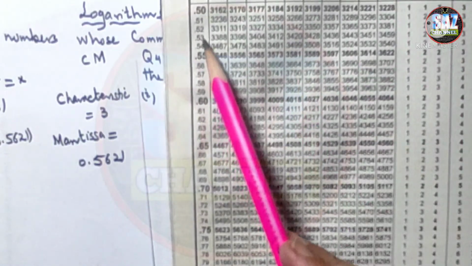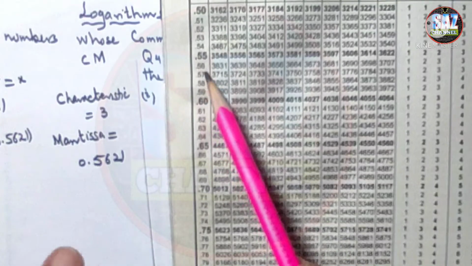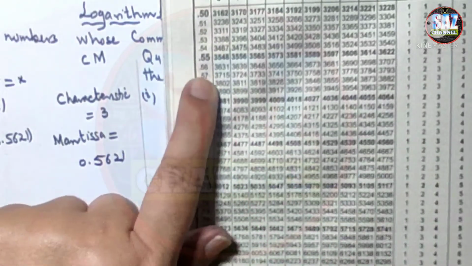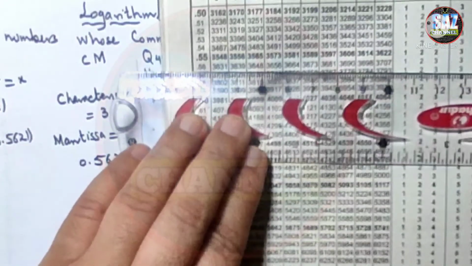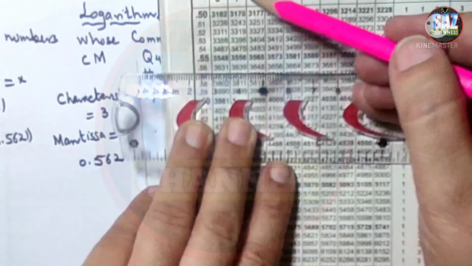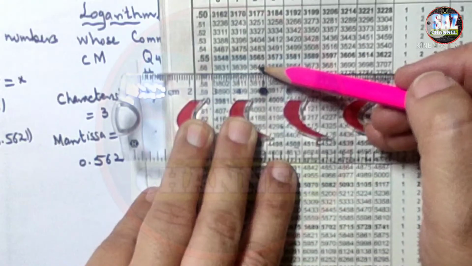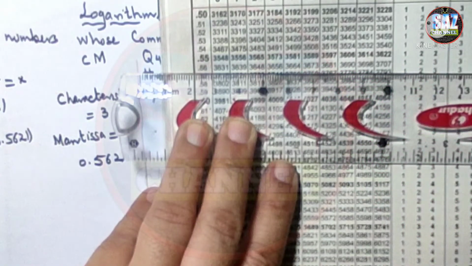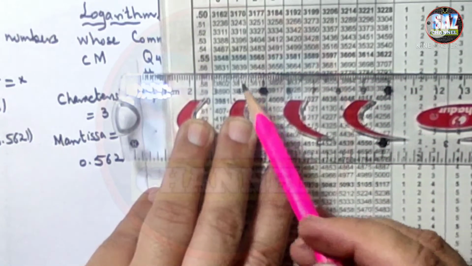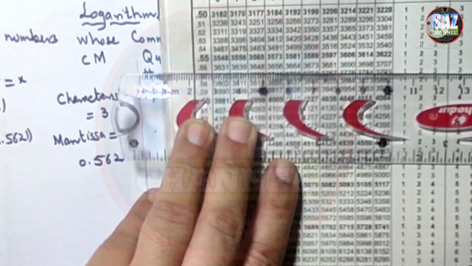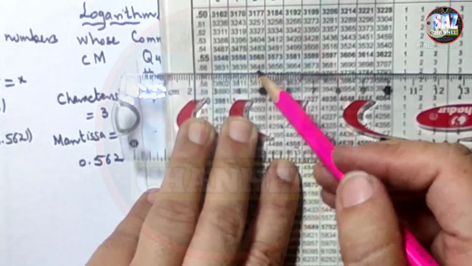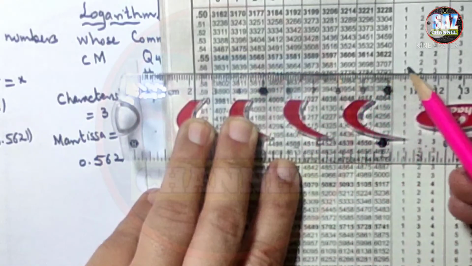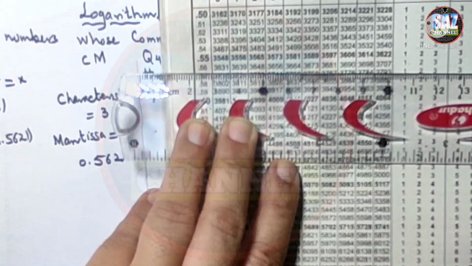This is the antilog table. First of all, reach the row of 0.56, and then locate the column of 2, which gives me 3648. Then I have to move to the mean difference column 1, which gives me 1.